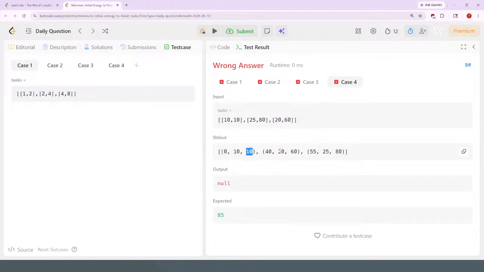So here 10 plus 20 is 30, but because 60 is bigger than 30, then the energy before this task would need to be 60 rather than 30. So if this was like 20 here, then I wouldn't need to bump it.